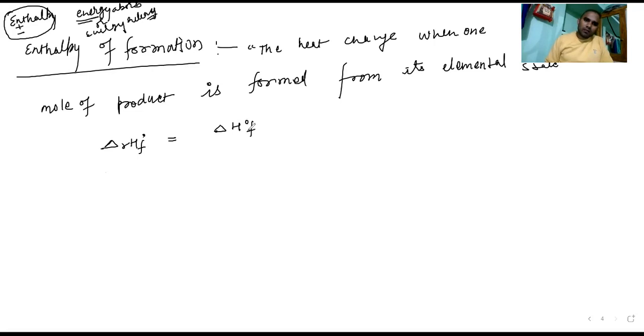Delta H naught F of product minus delta H naught F of reactant. This is the point.